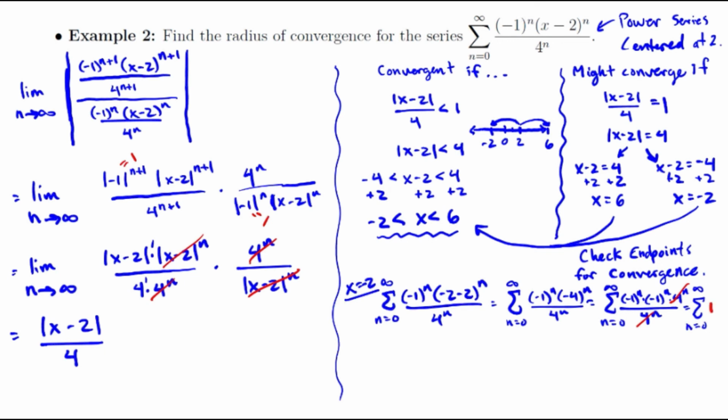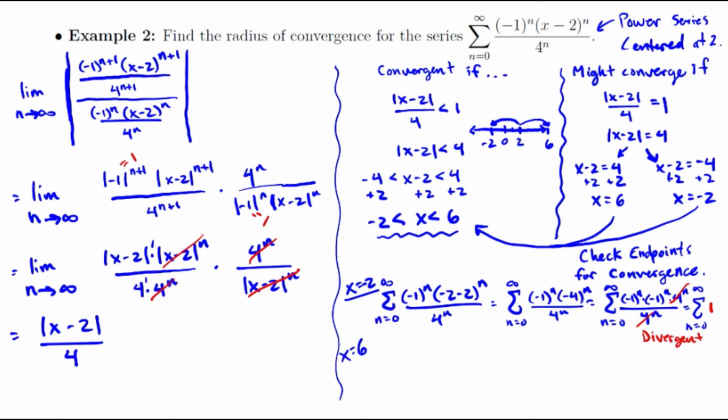If you sum 1 over and over again, would you agree that is divergent? You're not going to settle down on a single number that it sums to.